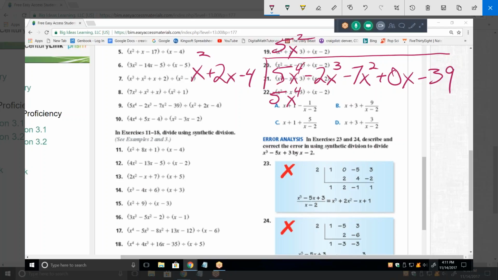Give me a sign. Got to have a sign. You can't ignore the sign on these. It'll just get you in trouble. Subtract, what do you get? Oh, wait, hold on. Oops, I didn't finish it, did I? I got to multiply that 5x squared by the minus 4. Minus 20x squared. Now subtract.